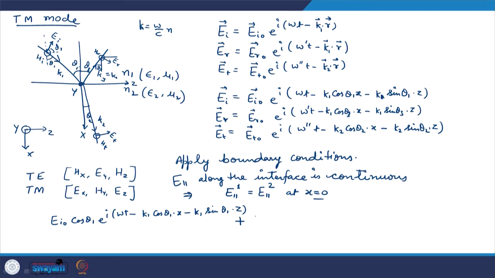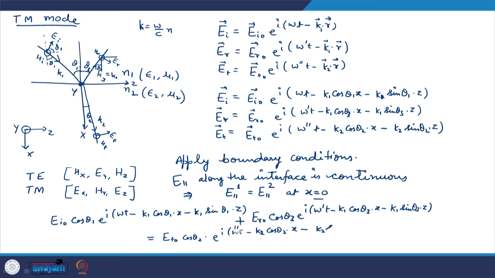So, it will be not minus, it will be plus E_r0 cosθ3 e^(i(ω't − k1 cosθ3 x − k1 sinθ3 z)) equal to E_t0 cosθ2 e^(i(ω''t − k2 cosθ2 x − k2 sinθ2 z)) at x equal to 0.